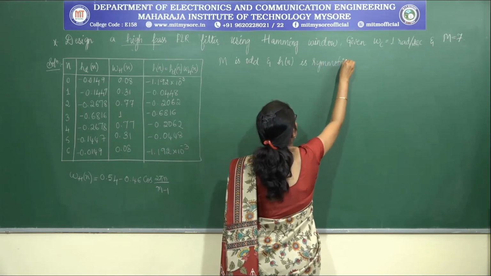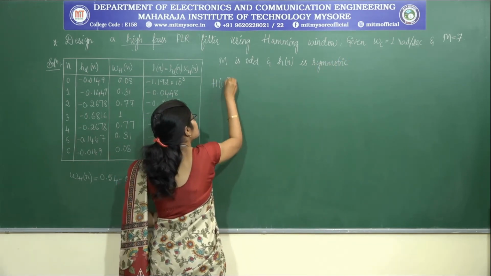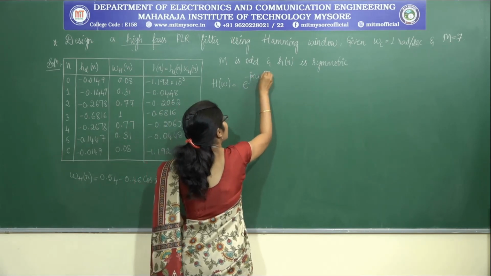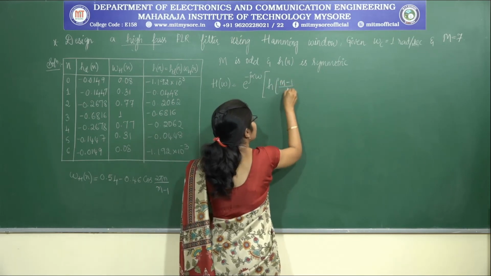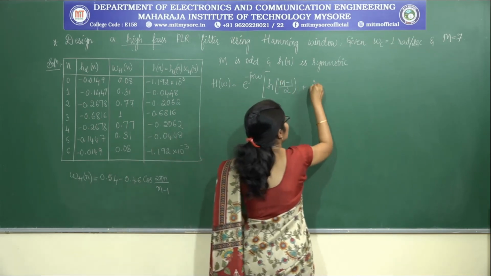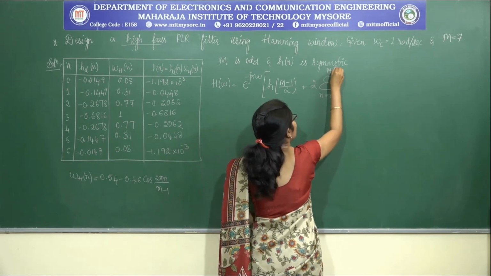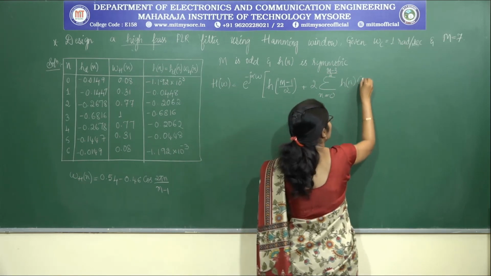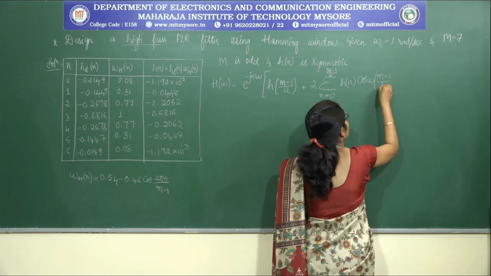So under this condition, the formula for h of omega is equal to e power minus j alpha omega into h of (m minus 1) by 2 plus 2 into summation n ranges from 0 to (m minus 3) by 2 of h of n into cos omega ((m minus 1) by 2 minus n).